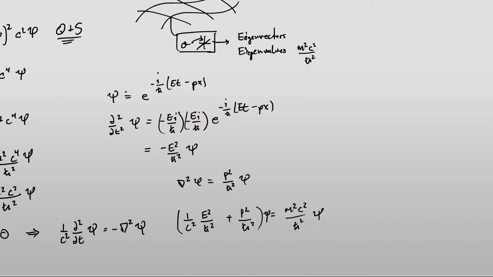More generally, another solution, our most general solution, is this: e to the negative i over h bar Et minus px, plus e to the, not negative actually, i over h bar Et minus px. We can find that this works as well.